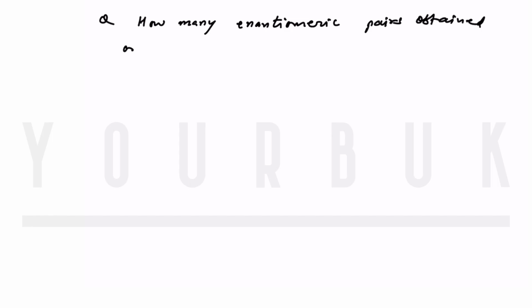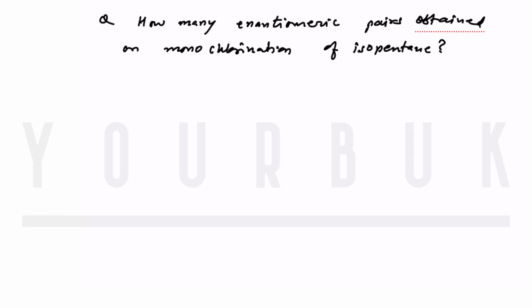Now we'll take one or two examples. For example, this question: how many enantiomeric pairs are obtained on monochlorination of isopentane?